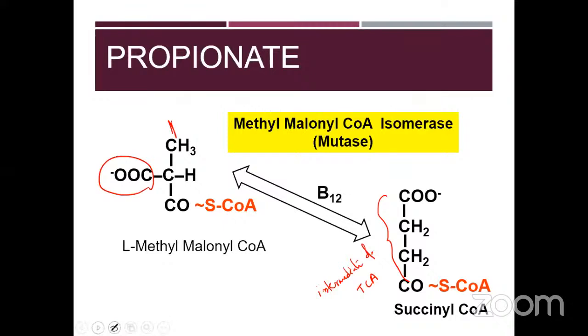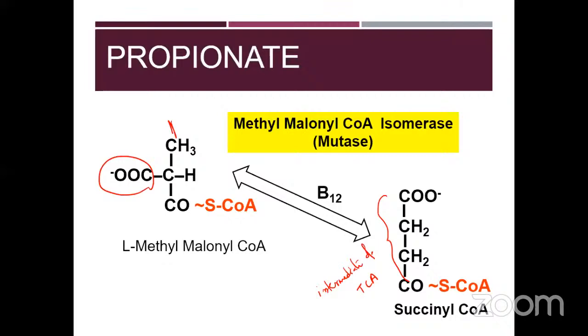So we have discussed the 4 substrates which can be channeled to the gluconeogenic pathway. Which are those 4 substrates? Lactate, glycerol... Second is gluconeogenic amino acids.